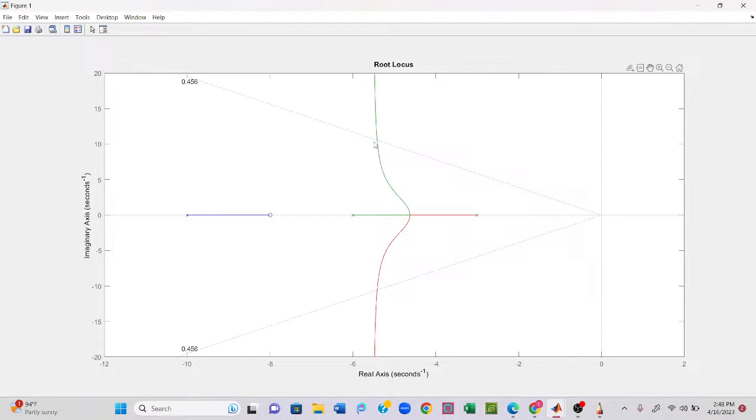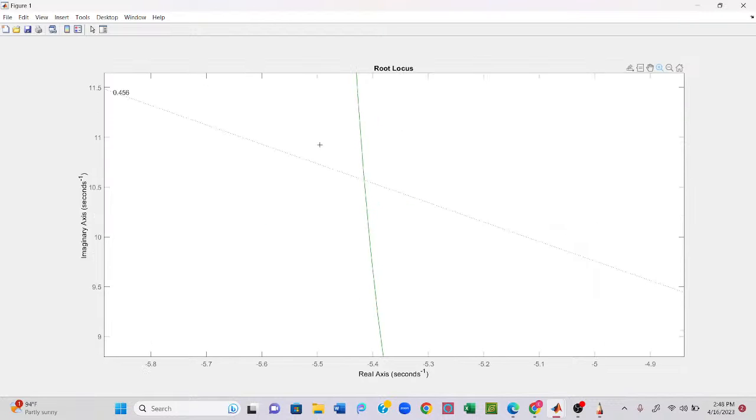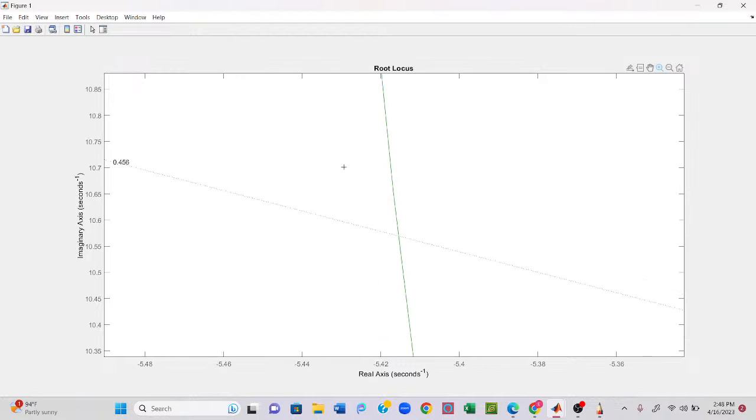This is the point where the root locus of the transfer function touches the 0.456 damping ratio line. You need to zoom in to check out the properties there.